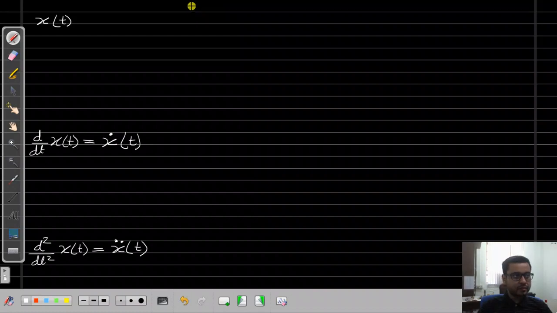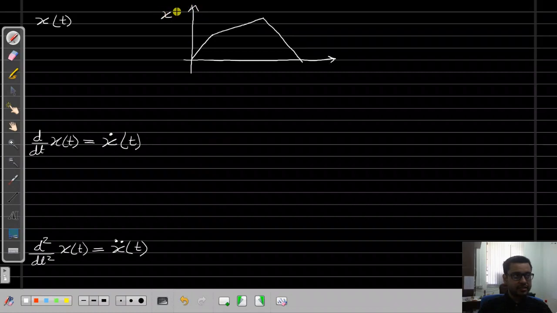Now imagine some signal x of t which looks like this. This is a piecewise linear signal. Now if I differentiate this signal with respect to time, I shall get something like this.